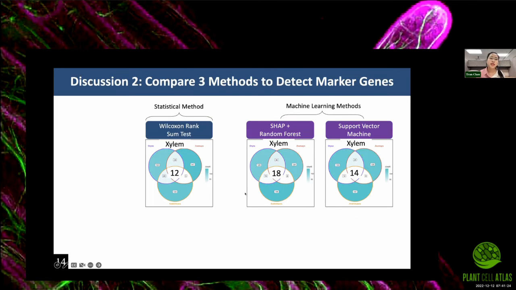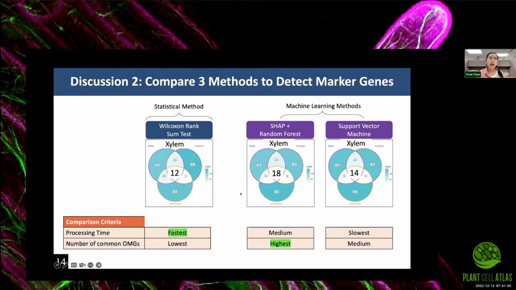The second discussion is comparison among 3 detection methods. Well, there are 2 things we experienced from the research method applied in this study. The first one is processing time, and the second one is the number of common OMG.